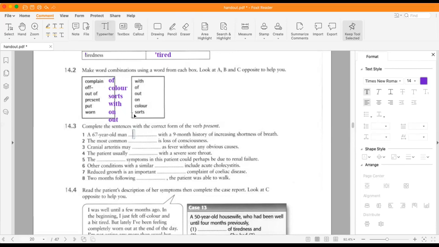Of course, this part is important, all right? Let's move to this exercise. Complete the sentence with the correct form of present. Sometimes we would say present, and sometimes presenting as an adjective, and we will say the noun presentation, all right? So we will answer with present, presenting, or presentation.